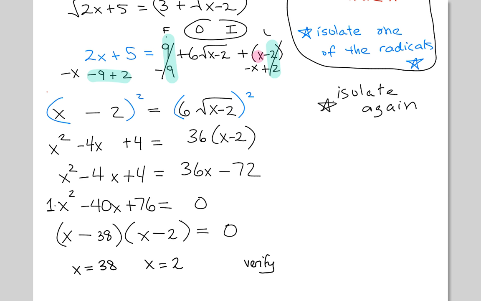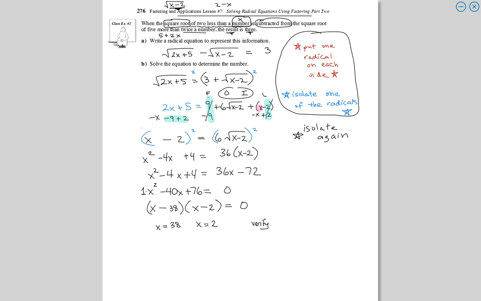Okay, plug it into the left-hand side. Let's start with 38. 2 times 38 is 76. 76 plus 5 is 81. Minus 38 minus 2 is 36. Root 81 minus root 36 is 9 minus 6, 3. Okay, 38 works.